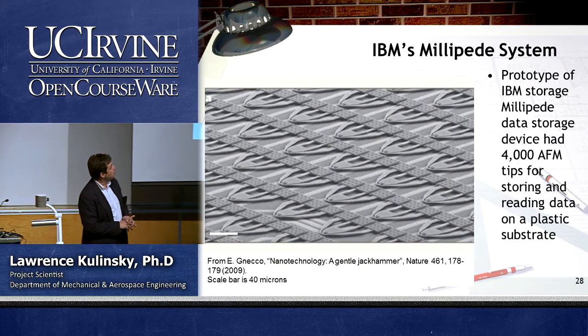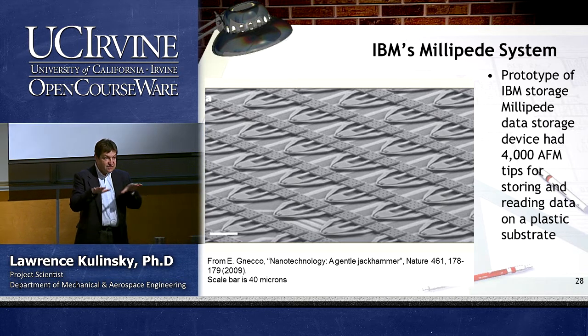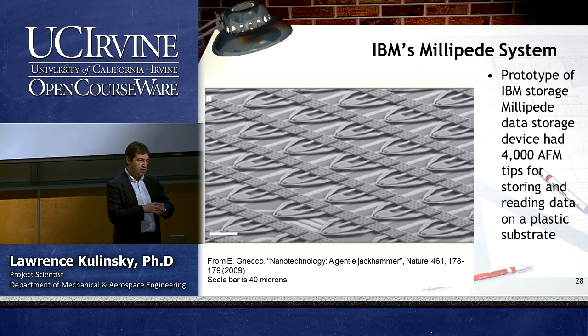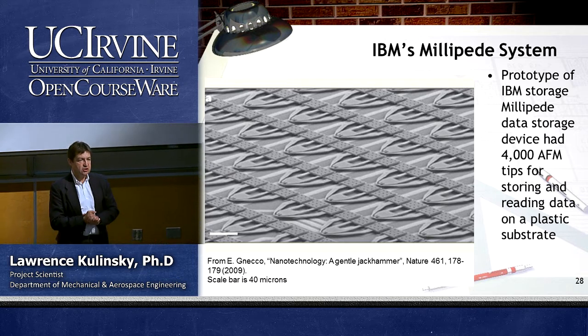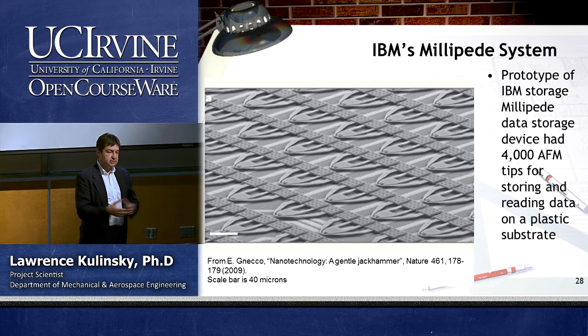So this is the Millipede data storage device that has 4,000 AFM tips. I don't think it went anywhere, but it produced a big buzz. At one point IBM was doing all kinds of promotions to advertise that they're going to do this storage module, like storage media.